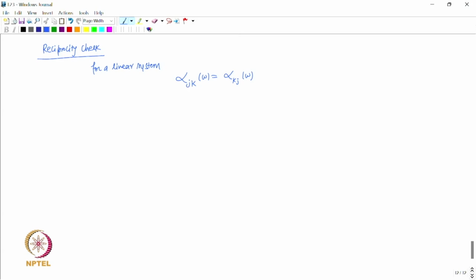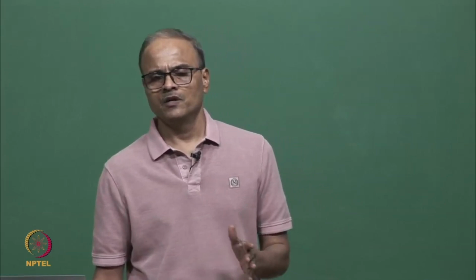So, it means that if we swap the excitation and response DOF, then for a linear system we should get the same FRF.